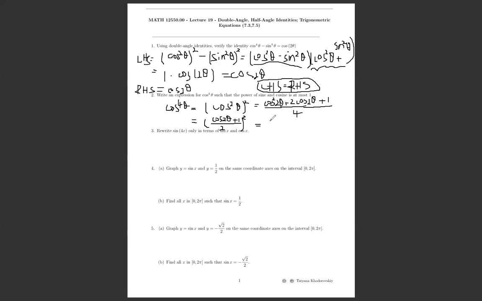That is cosine of 4 theta plus 1 divided by 2, which is the cosine square of 2 theta.